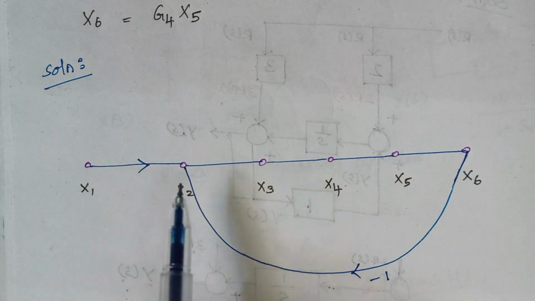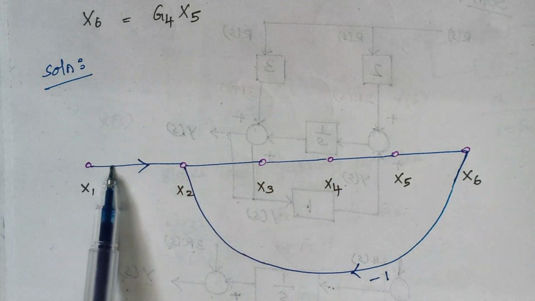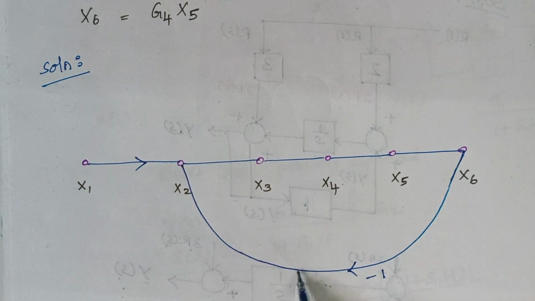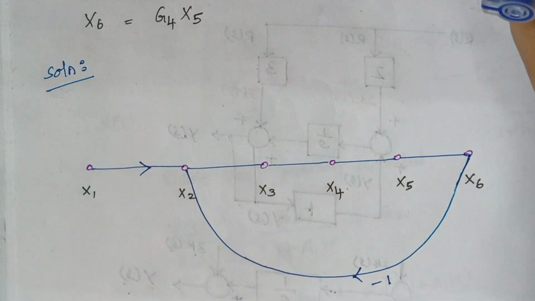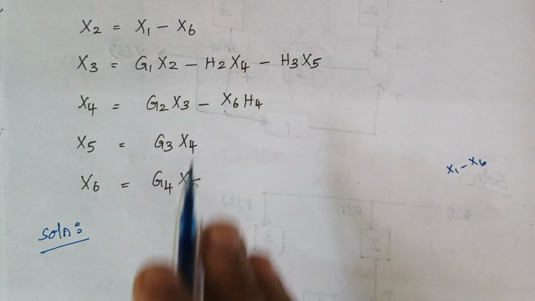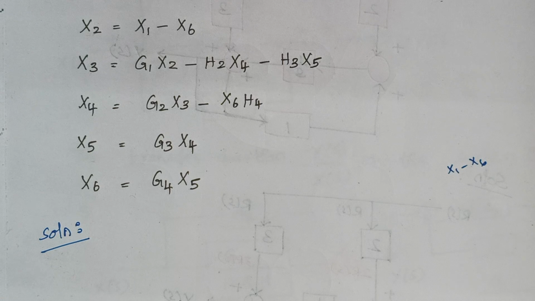So to this x2 we are having x1, and this x6 will get multiplied with minus 1, therefore we will be getting x2 is equal to x1 minus x6. So the first equation is over.